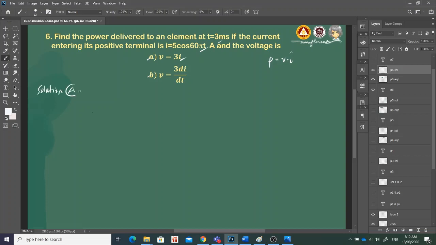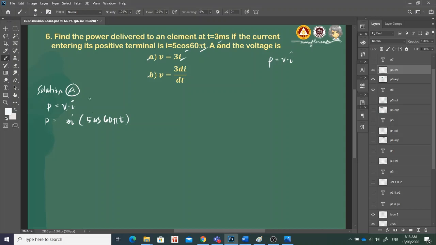Okay, A tayo. Since P is equal to V times I, ang V natin is 3 times I, multiplied by I ulit, which is 5 cosine 60 pi t.